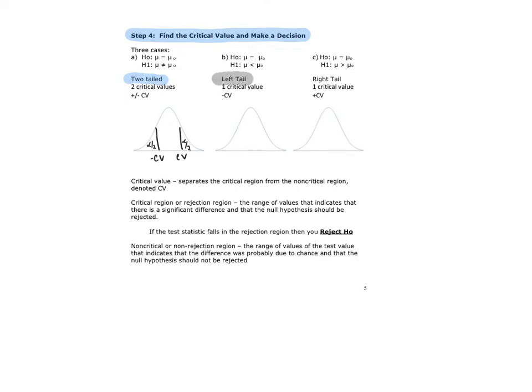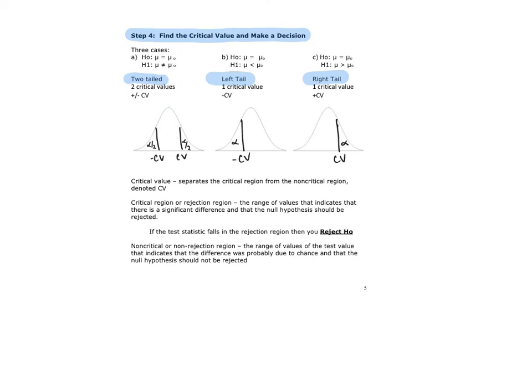If it's a left-tailed test, there's only one critical value, and it's going to be negative. If we have a right-tailed test, similarly, we only have one critical value that separates the non-rejection region from the rejection region, and that's going to be positive.